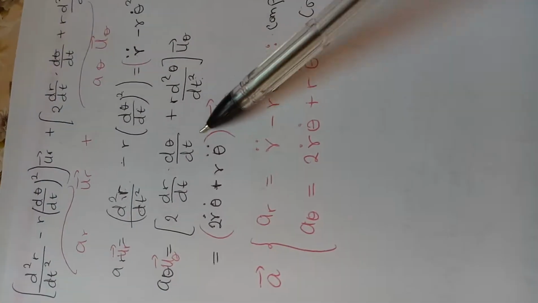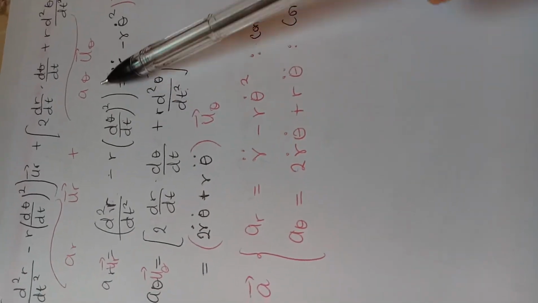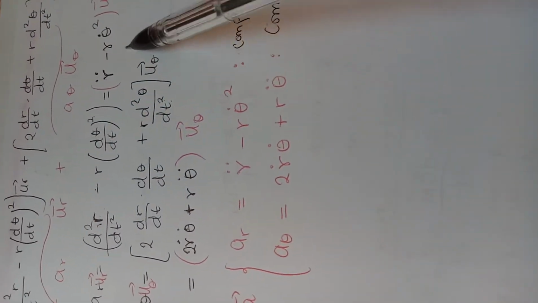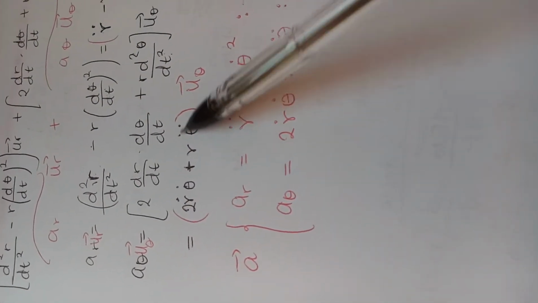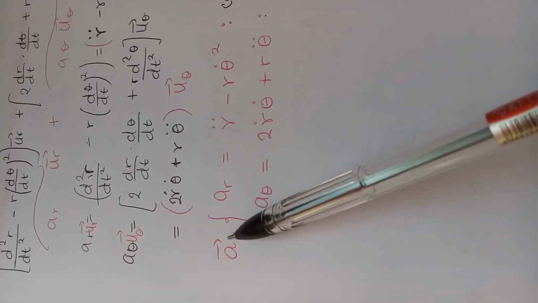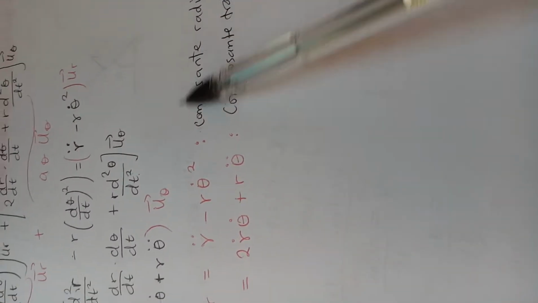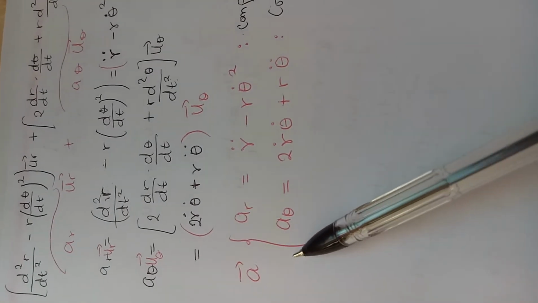And then we got a second way of breaking this down so that it won't be so large, you can break it down like this. And we did the same thing for a theta u theta, and we got this as well. And then the composant of the acceleration is ar, which we call the composant radial de l'accélération, and a theta, composant transversal de l'accélération.